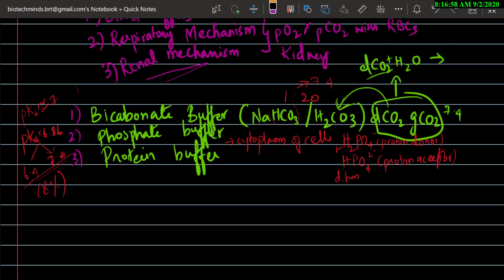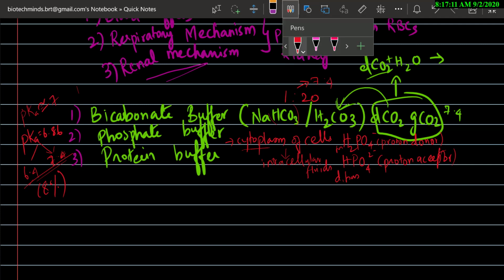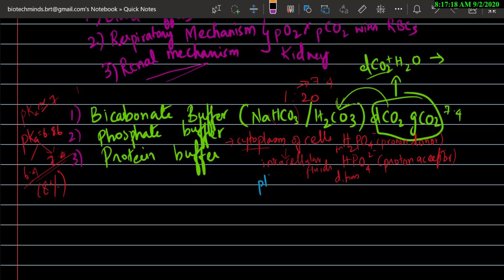But I told you that it is present predominantly in the cytoplasm of cells. So what is the pH range of our intracellular fluids? The pH range of intracellular fluids is around 6 to 6.9, which is nearer to the pKa of 6.86 of phosphate buffer.